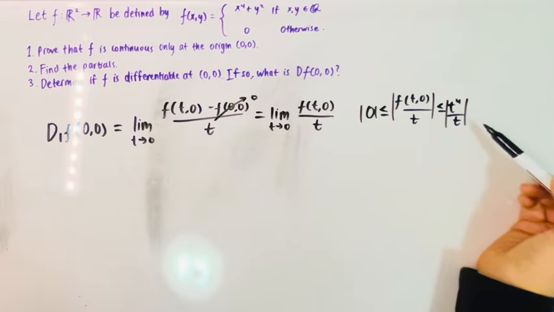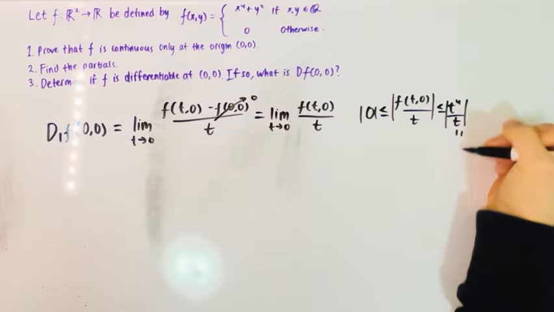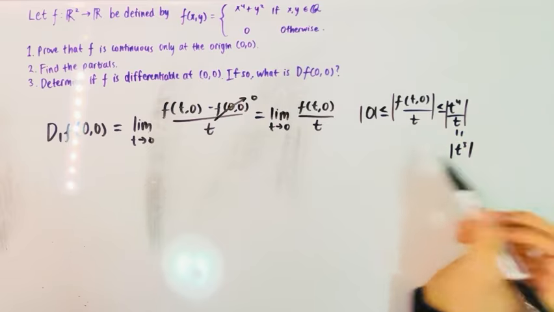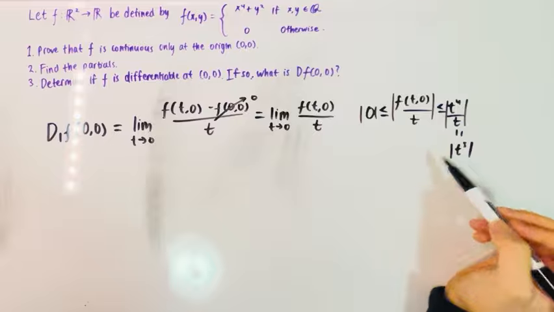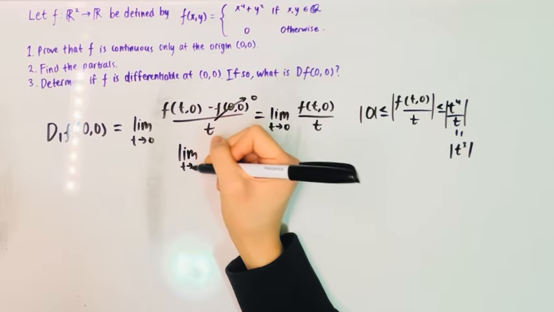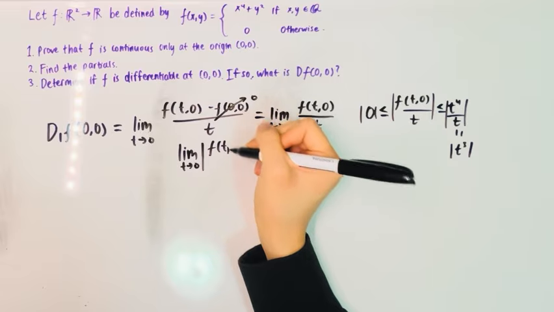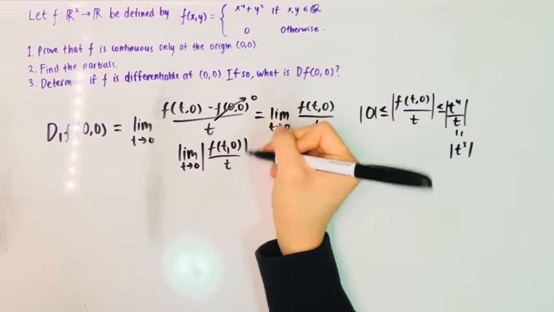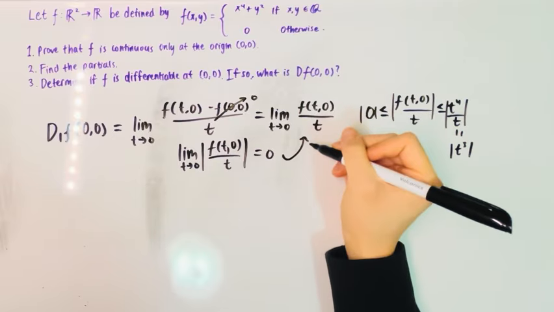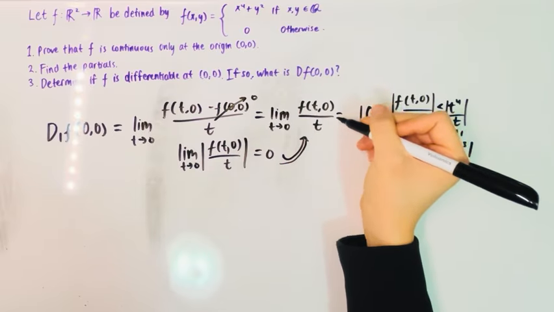So that's equal to the absolute value of t³. Finally, taking the limit as t goes to 0 of all sides, we see that the limit as t goes to 0 of f(t, 0) over t is equal to 0, which implies that this is equal to 0.